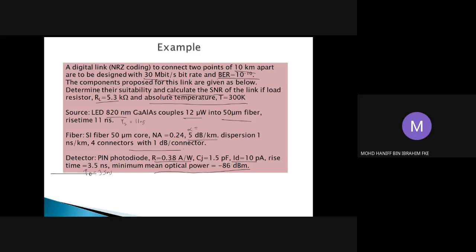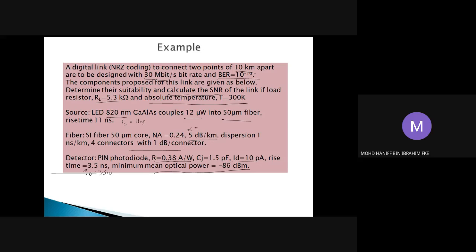Okay, so basically these are the components used. So we have to check their suitability, whether it's compatible with the proposed NRZ digital link with a 30 megabit per second bit rate.